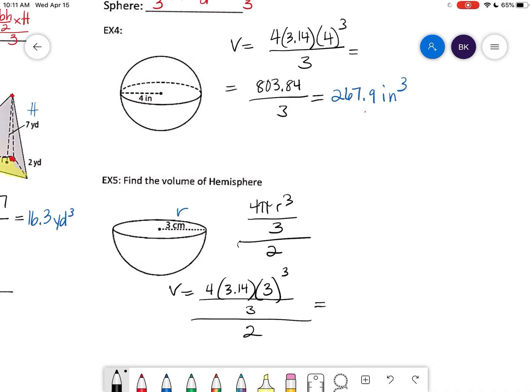It's up to you. Again, use a calculator. Remember, order of operations: exponents are done first, then multiply the rest, and then divide. 113.04 over 2, and then your final answer is 56.52 centimeters cubed. And that's how you find the volume of the hemisphere.